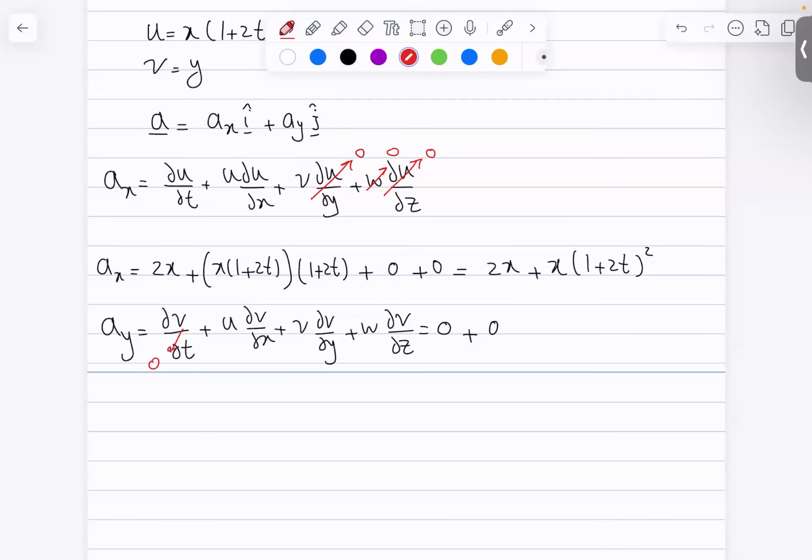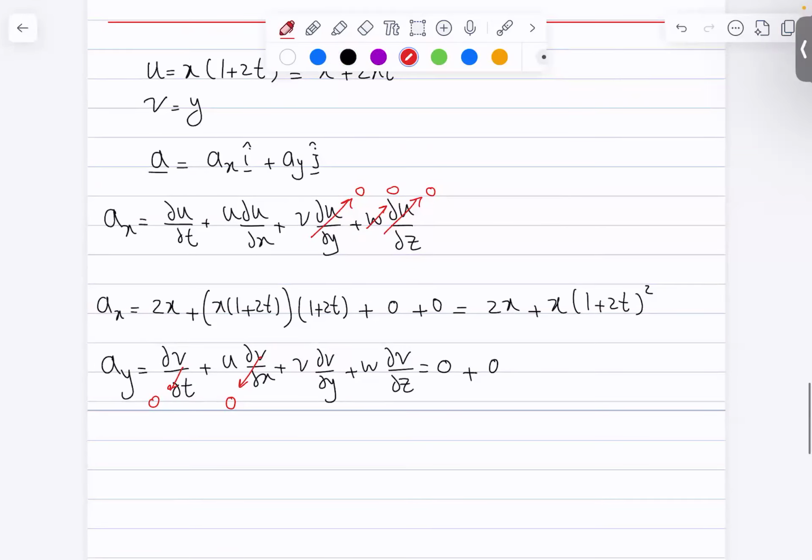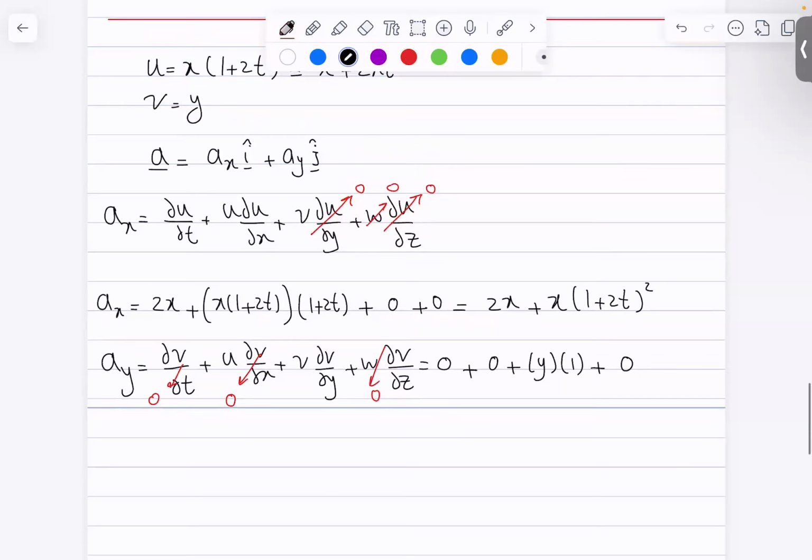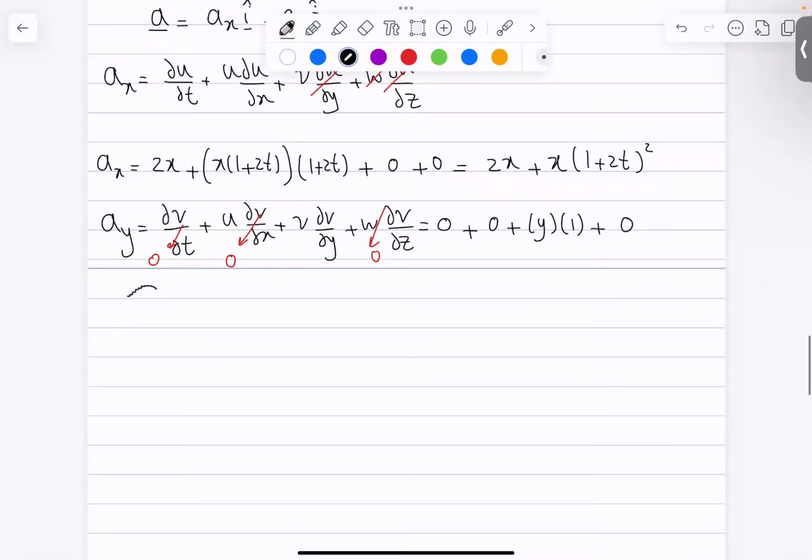So this is 0, this is 0. v dv/dy, now this is not 0 because v is y and dv/dy is just 1, so that's y, plus 0 because there's no w or dv/dz. So ay will be just equal to y.